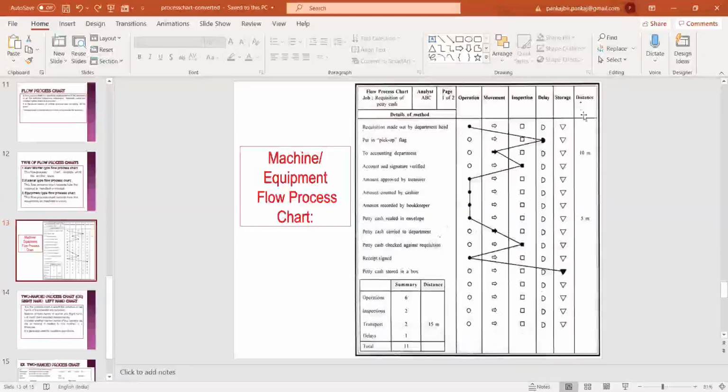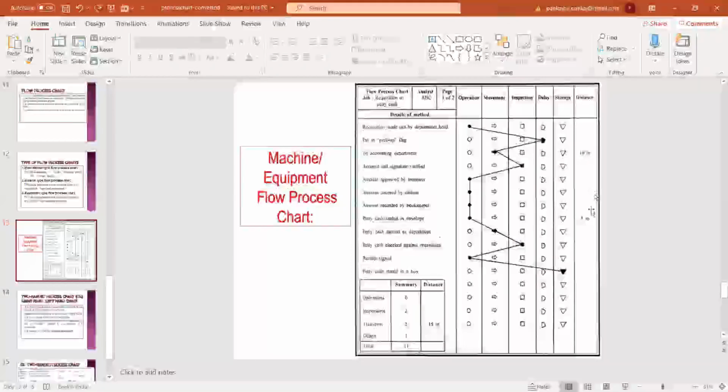And there is a column which stores the different distances covered by the material or the person or the equipment. There could be another column which represents the time taken during these activities. So overall you can find out the time period involved in all the activities as well.